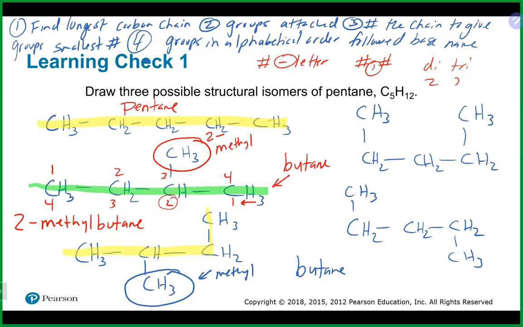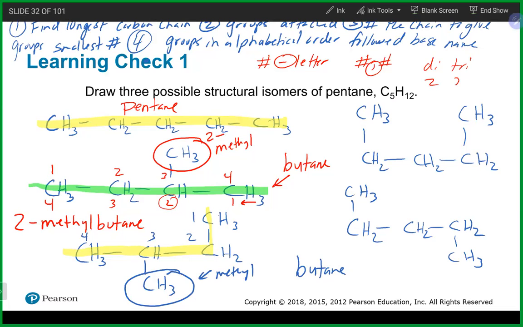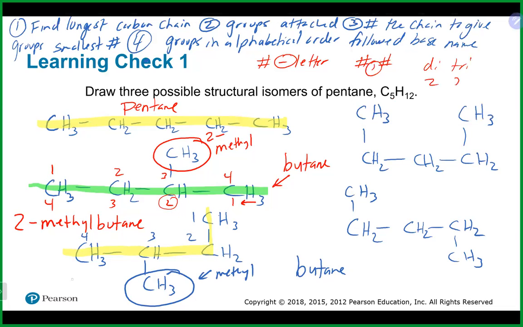We want to number this, which can be numbered 1, 2, 3, and 4, or we can number this going the other way as 1, 2, 3, and 4. What number should that methyl group get here? Which one's the smallest? It is the 2. Yes, we would number going in this direction, which means that is 2-methyl, which means the name of this guy is 2-methyl butane.